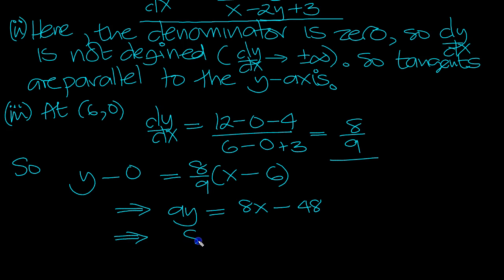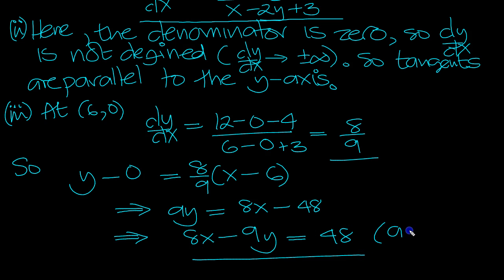So we got 8x, just write that there, move the 9y over to be with it to become minus 9y, and then move the 48 over to the other side. Becomes plus 48, so that equals 48. So here a is 8, b is minus 9, and c is 48, and that's the form we wanted to write it in for the question.